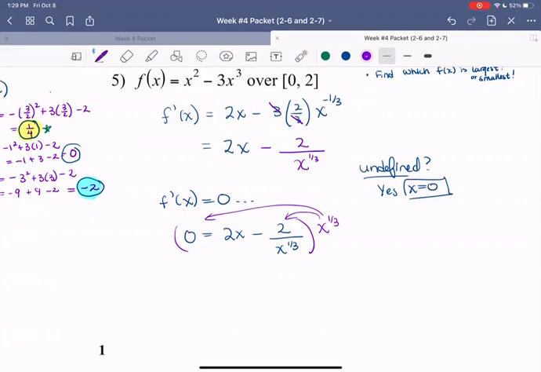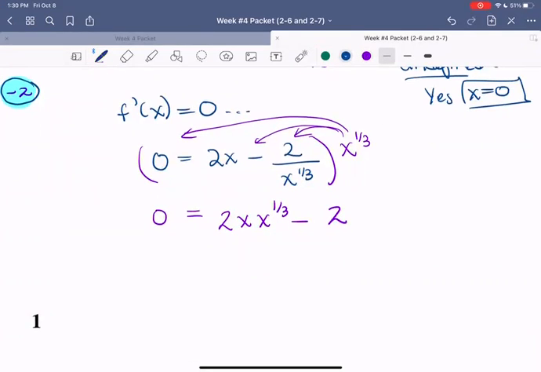On the left-hand side, 0 times x to the 1/3 is just 0. Over here, when I bring in that x to the 1/3 to this whole right-hand side, I get 2x times x to the 1/3 minus 2 times x to the 1/3 over x to the 1/3. Those x to the 1/3s cancel, and I'm just left with 2.